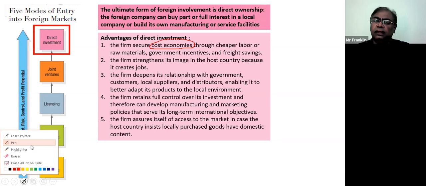If I am selling a handphone, 30% of the handphone content must come from Indonesia, then only you can sell the product. So if I'm exporting my handphone from here to Indonesia, I cannot really sell, because there's a certain rule they put in. So if I have a factory over there, then I don't have to worry. So these are the benefits that they can have.